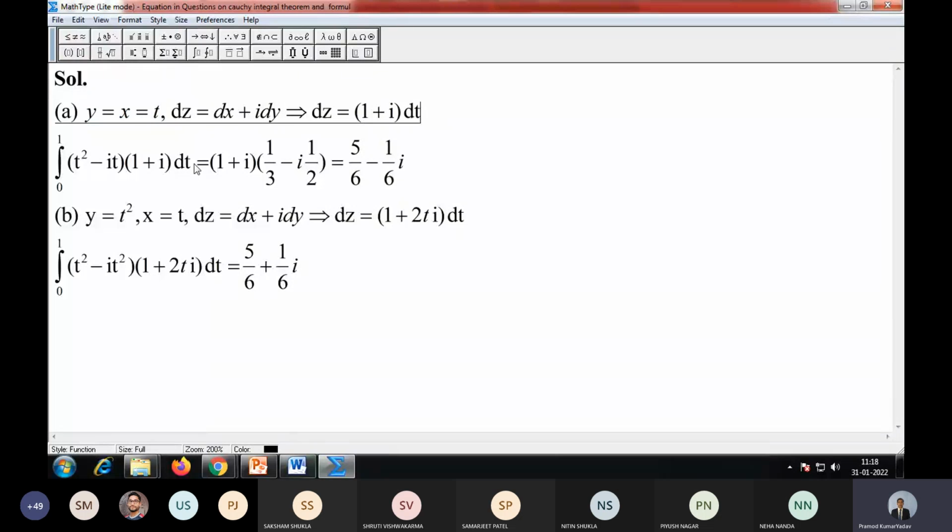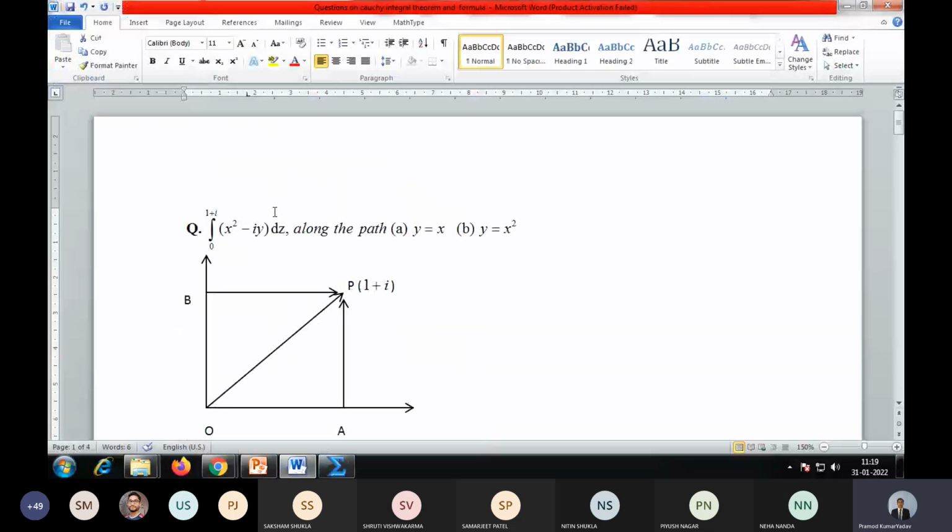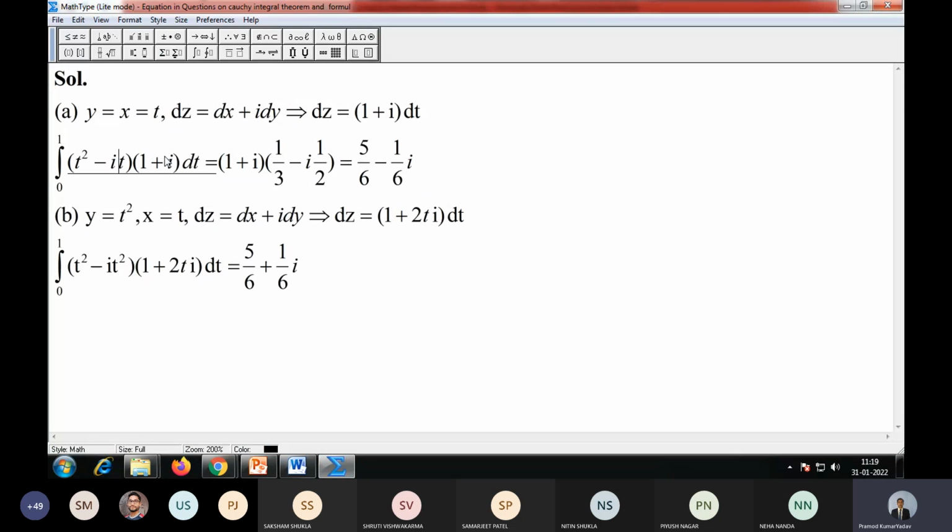In this case, the problem may be reduced like this one. It was our problem. So t square minus it, because you may see the problem is x square minus iy. So x square means t square minus it, and dz is 1 plus i dt.